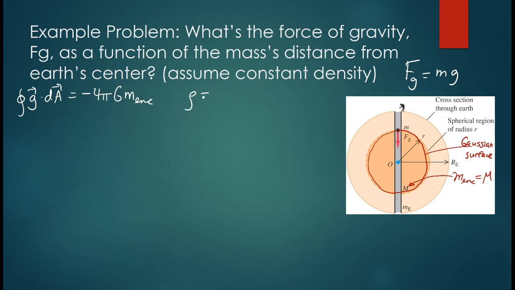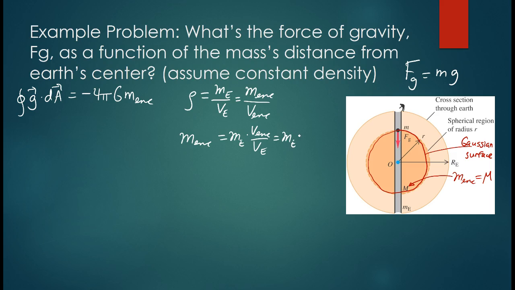We recognize that the density of the Earth is the total mass of the Earth over its total volume, which is also equal to the mass enclosed divided by the volume enclosed. So the mass enclosed is going to be the mass of the Earth times the volume enclosed over the volume of the Earth.